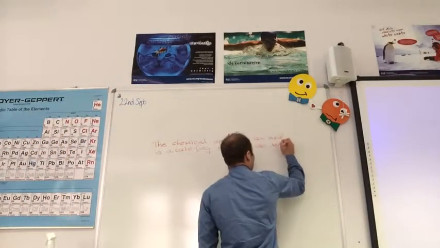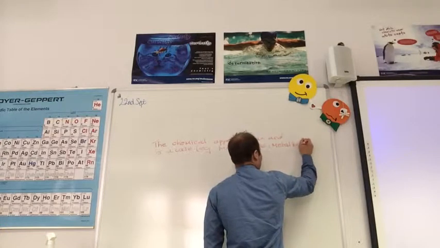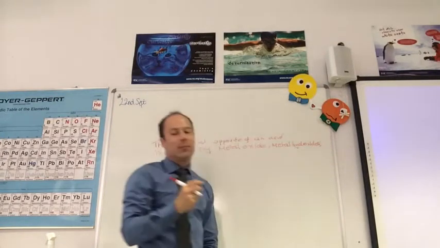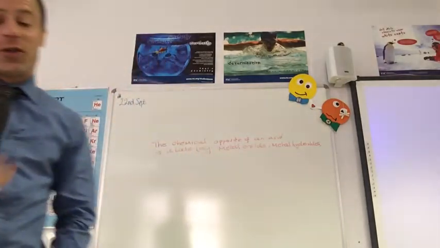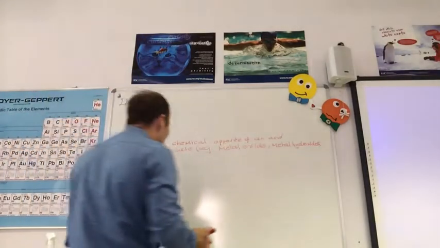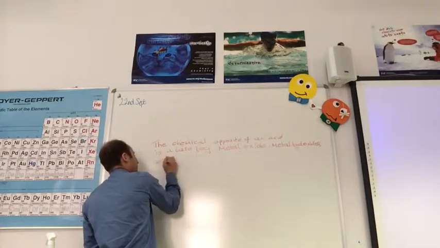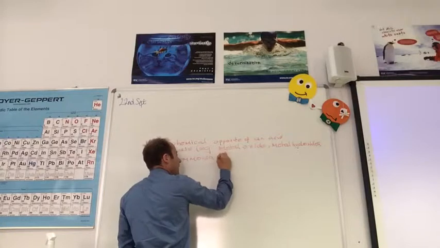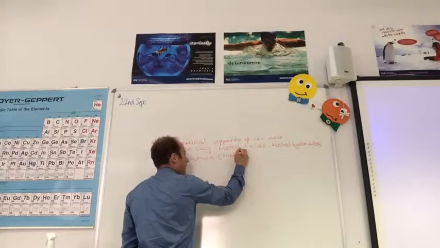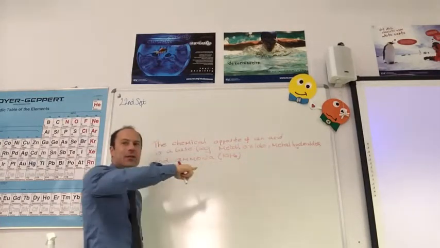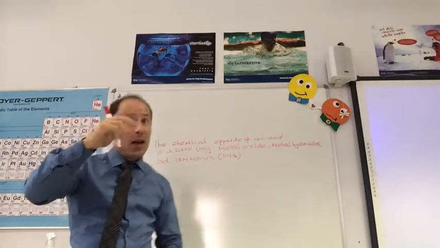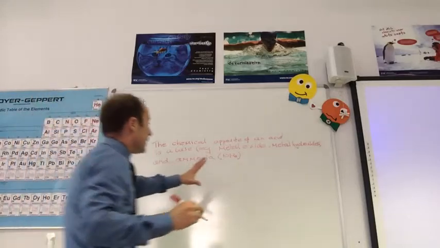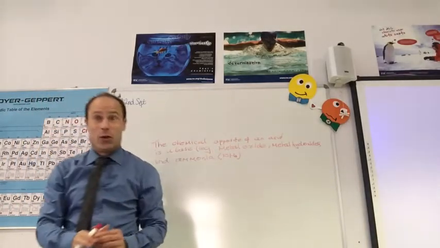Metal hydroxides as well, so sodium hydroxide, potassium hydroxide, and also ammonia. And it's ammonia that catches people out. Ammonia has the formula NH3, and you need to know it's that, not NH4 plus. This hasn't got a plus or minus. No, this is a molecule, it's a neutral molecule.